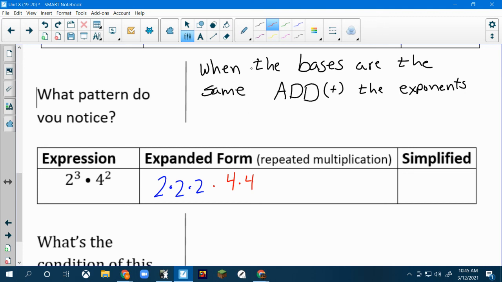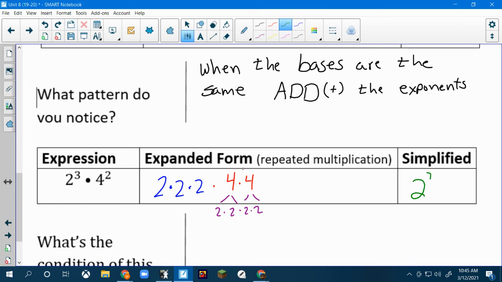However, if we simplified this down to get 4, you know that 4 is the same as 2 times 2. 2 times 2 is 4, and 2 times 2 is 4. So now, how many 2's do we have? 1, 2, 3, 4, 5, 6, 7. So our final answer is going to be 2. Oops. Sorry about that. 2 to the 7th power.